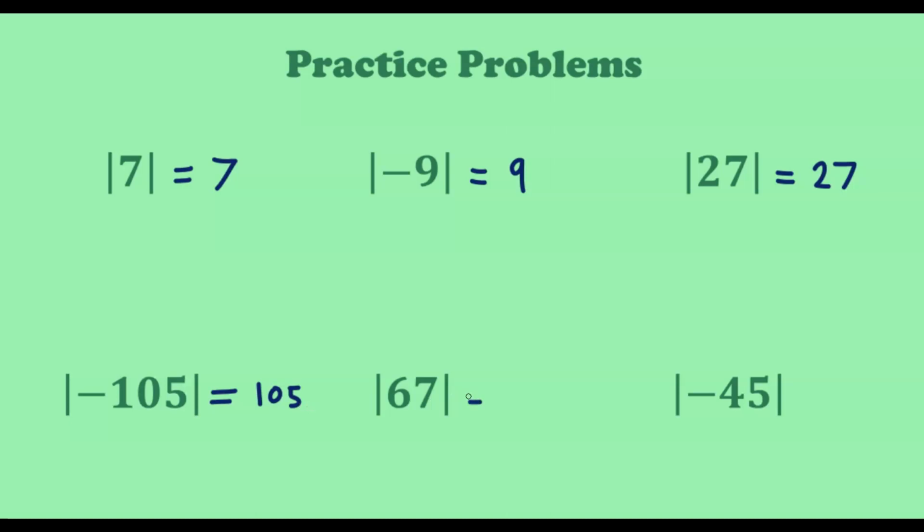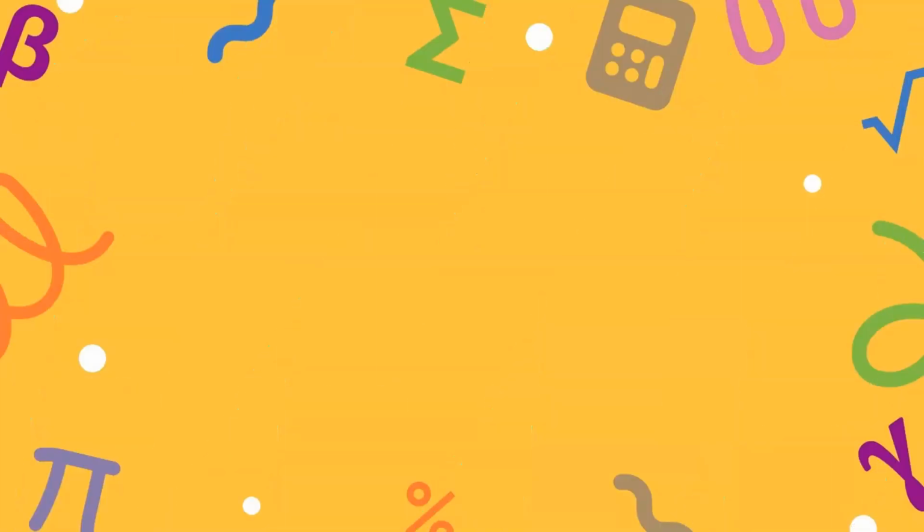Next, consider the absolute value of 67. 67 does not have a negative sign, and so the absolute value is just 67 itself. And next we have the absolute value of negative 45. We remove the negative sign, and we are left with just 45, and so the absolute value of negative 45 is 45.